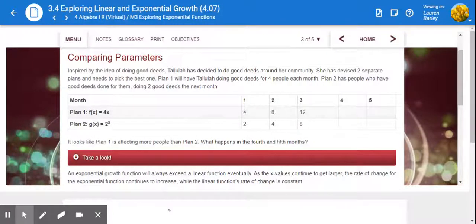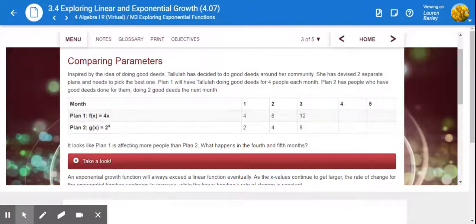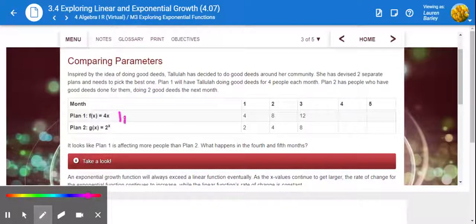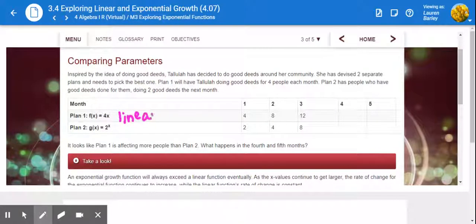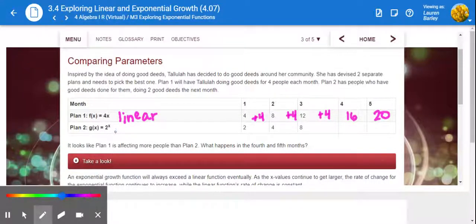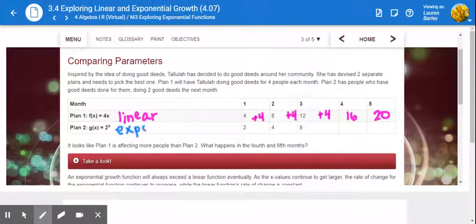In the first plan, this is a linear plan, okay, which means it has a constant rate of change. We are adding 4 good deeds to each month. So this next month, we will have 16, and 16 plus 4 will give us 20. With our exponential function, we are multiplying each good deed by 2 every month.